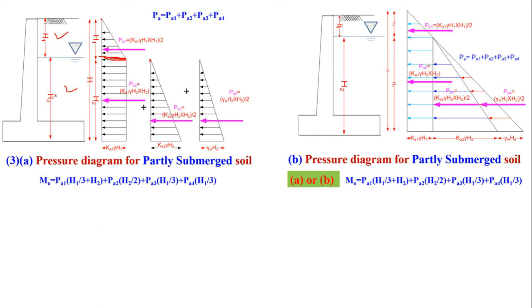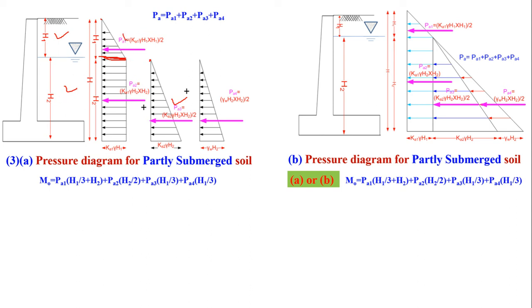Here the height is H2, so do remember, we haven't considered the total height for this. We only consider the H2 into half base into height. So PA3 gives us the magnitude of pressure force due to the bottom soil.